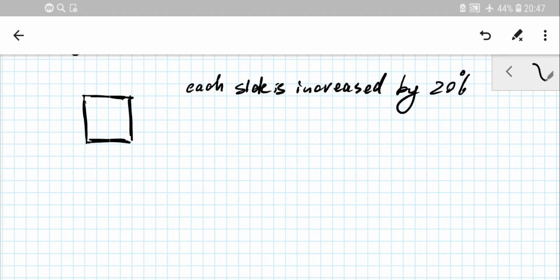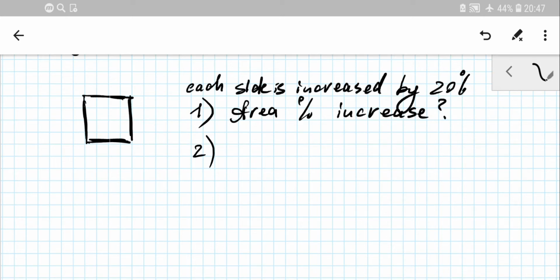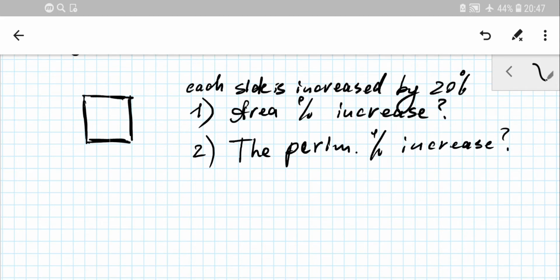So what can you say about the area increase? That's a common problem. First, let's figure out the area percentage increase, and second, the perimeter percentage increase. So what can you say about the area percentage increase and the perimeter?